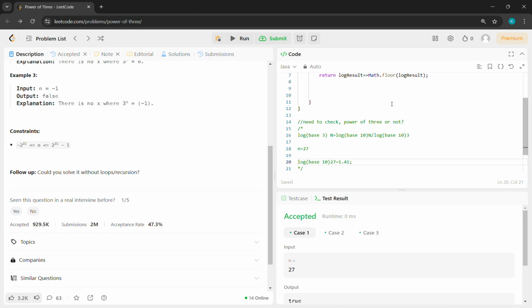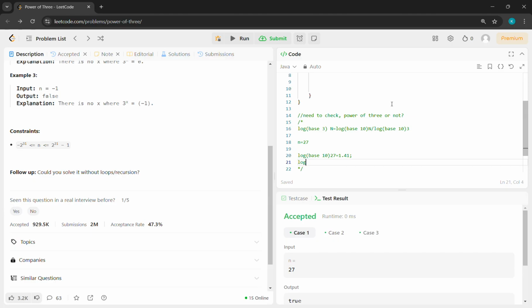But anyways, just for the explanation, I got it verified from my end. You can definitely check it from your end as well. Now for log base 10, talking about 3, the value is 0.477. ठीक है. तो log base 10 27 का वैल्यू आता है 1.41, and log base 10 3 का वैल्यू आता है 0.477.